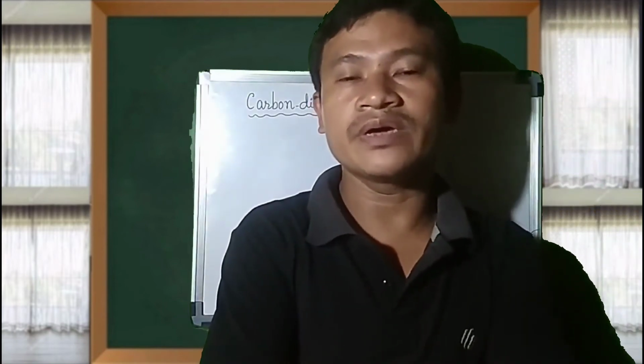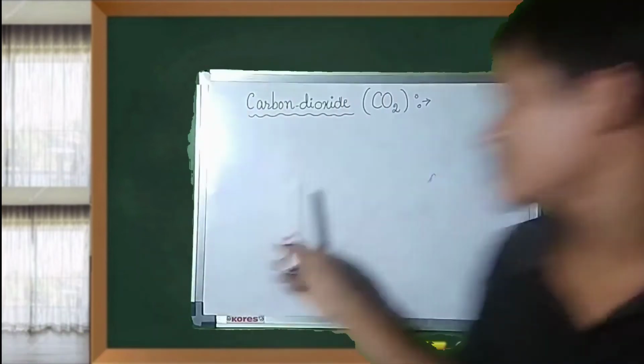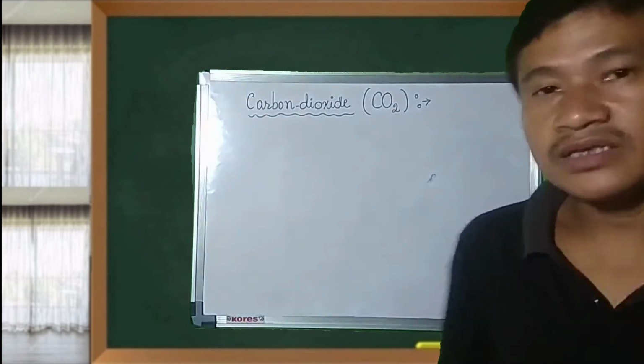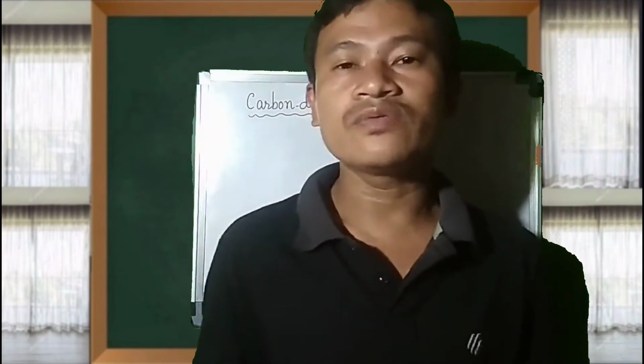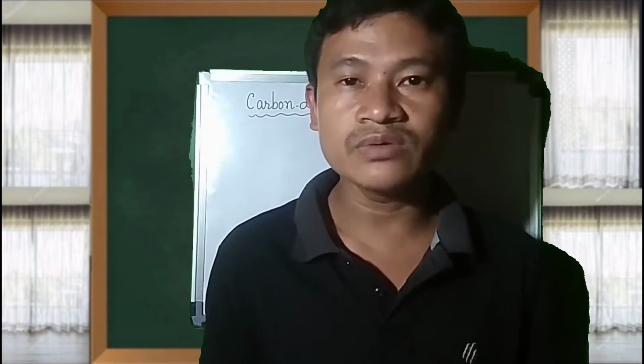Let us consider one more example of a chemical compound, that is carbon dioxide. I think more or less all of you know about carbon dioxide. It is the gas which we exhale during respiration. I mean to say, when we breathe out, this gas is released by our lungs.